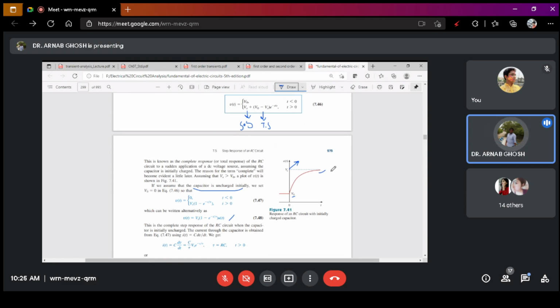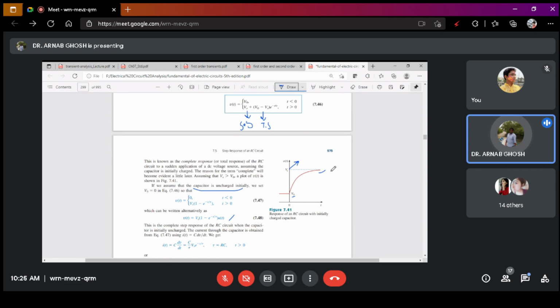As time passes, the capacitor will get charged to its maximum value through the supply voltage. So this is the concept of the charging circuit of a capacitor.